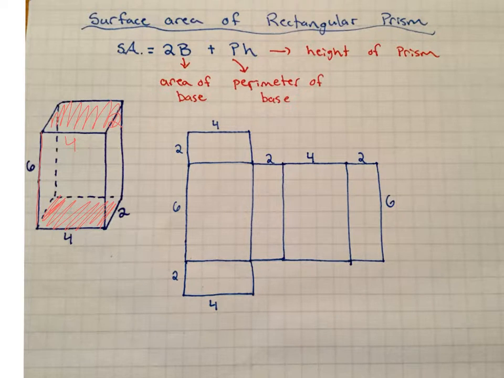Over here is the net of this prism. I think of taking the 3D shape and unfolding it so it's flat. My bases are here and here, 2 times 4. Then this is 6 times 4.